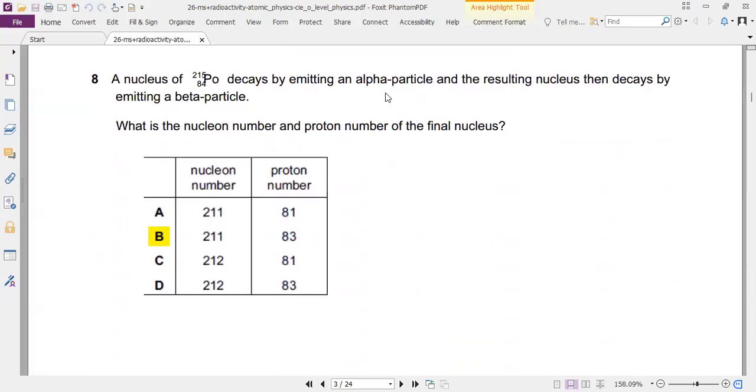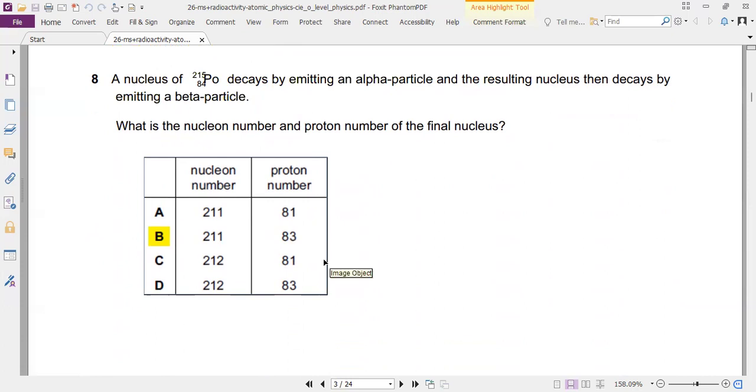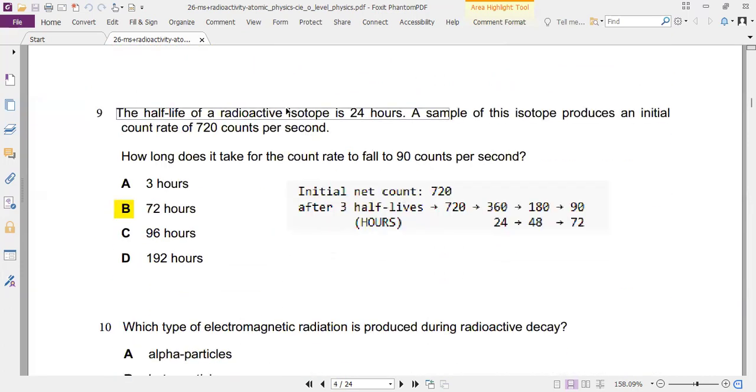Decays by emitting an alpha particle and then a beta particle. We've done this in nuclear atom. So if you work it out the same way, it is this. Number 9.